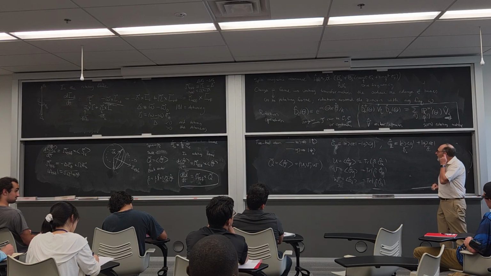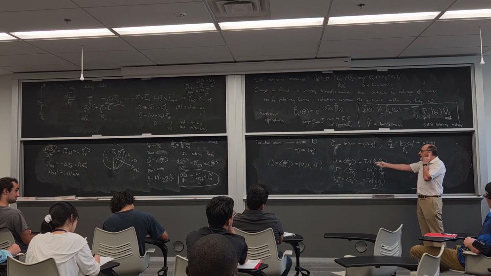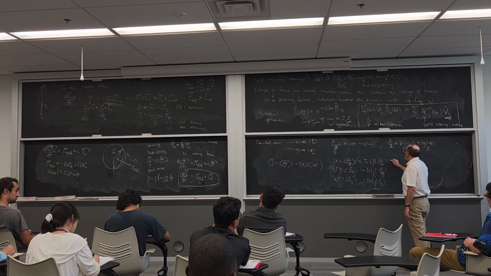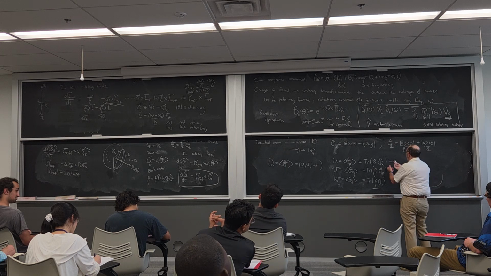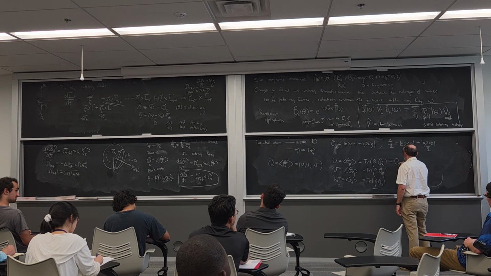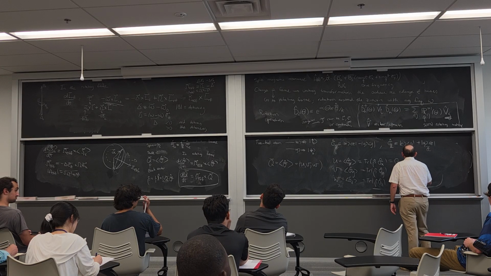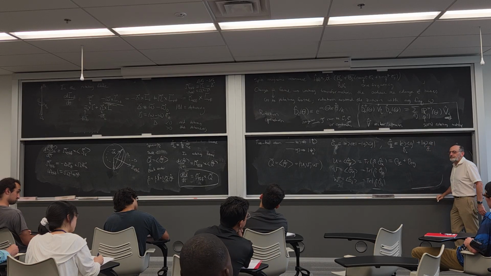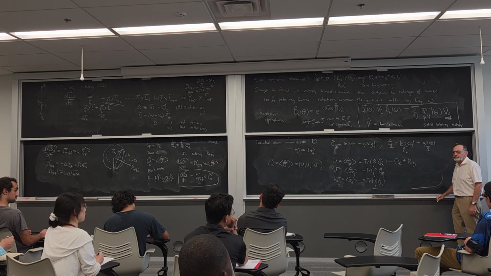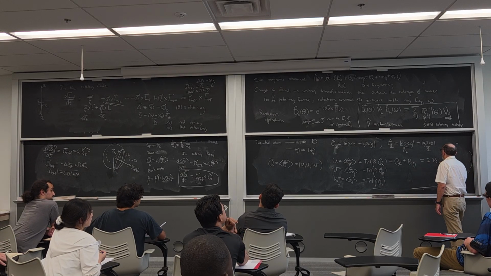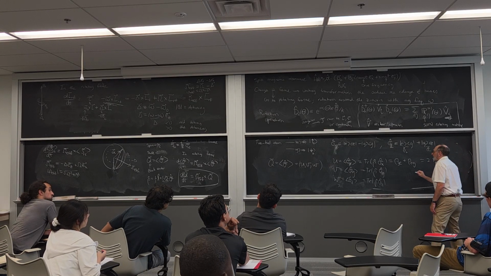Right? And let's plug that in over here. What I see is that this is equal to, if I take this and use the rule, I get rho GE plus rho EG. Everyone see that? Which is twice the real part of that off-diagonal element.